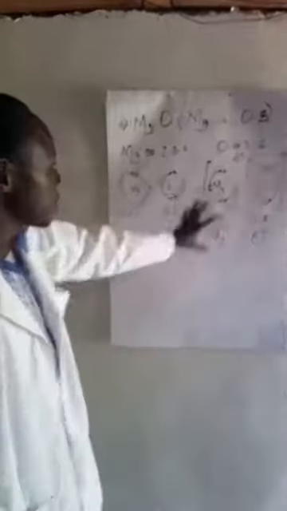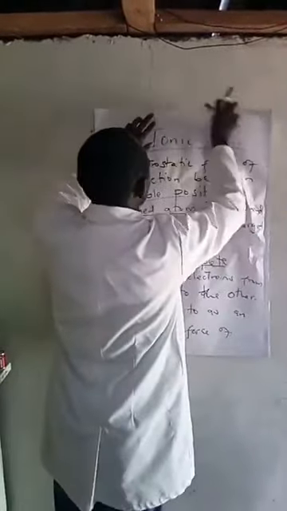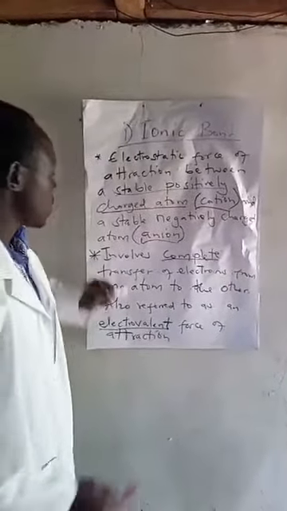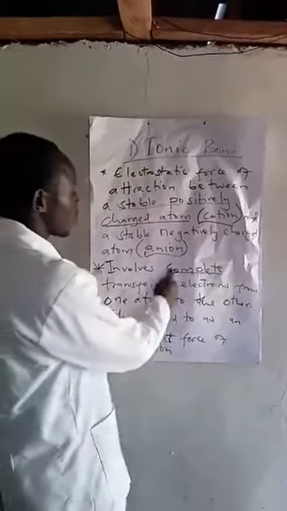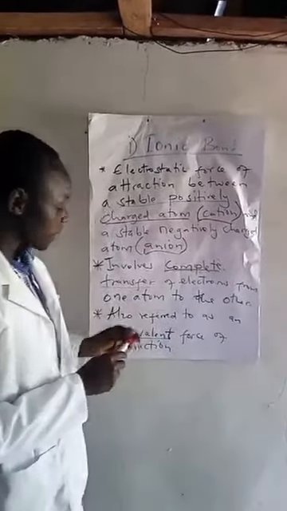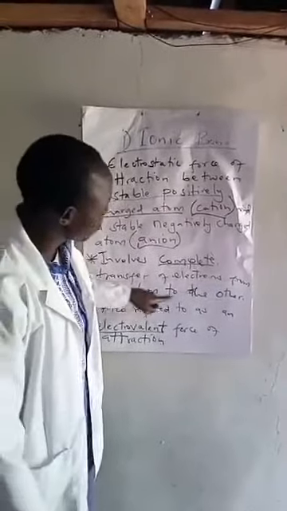I hope that is clear. You remember also we said that ionic bonding involves complete transfer of electrons from one atom to the other.